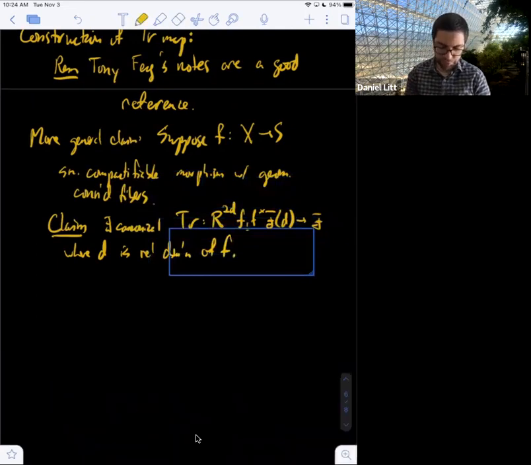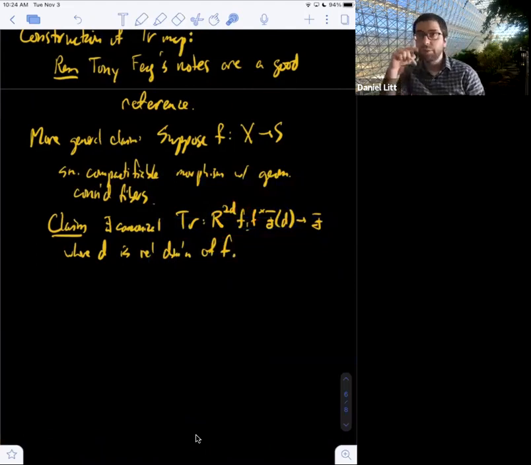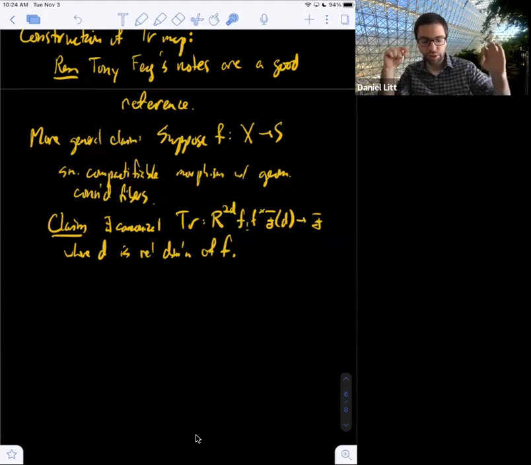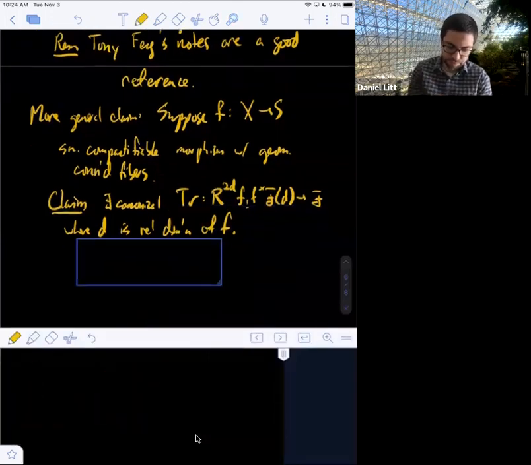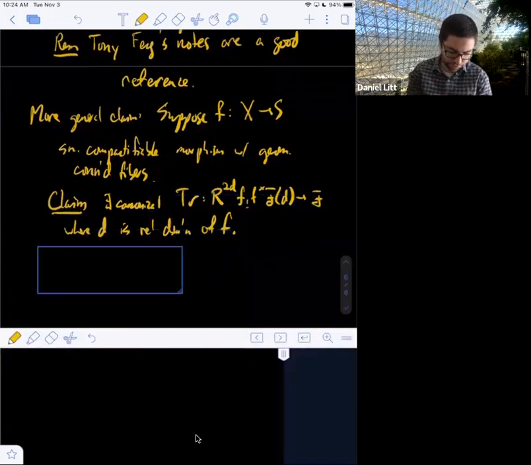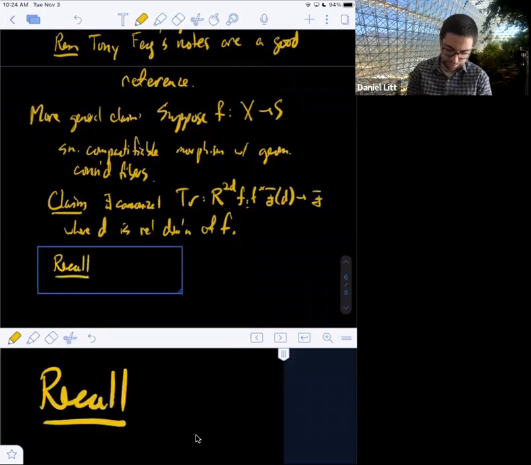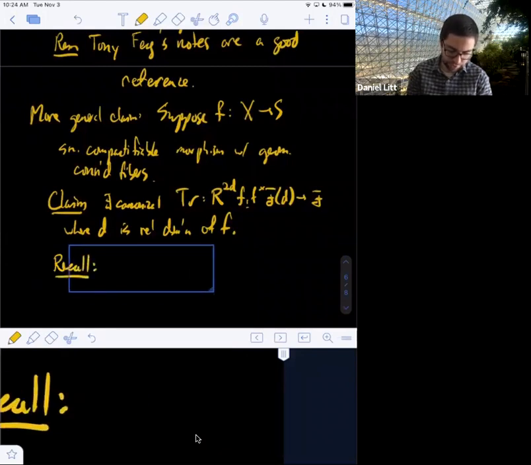Let me briefly remind you what this R^{2d} f_! was. You choose a compactification of the morphism f, and then there's a functor given by composing f lower star with the extension by zero to the compactification. R^i f_! is not quite the derived functors of that, so let me recall briefly what it is.